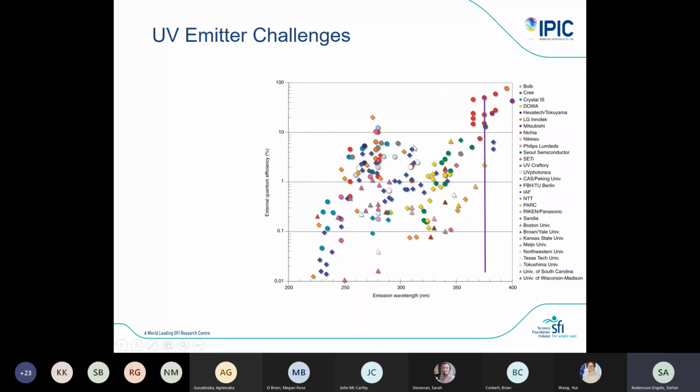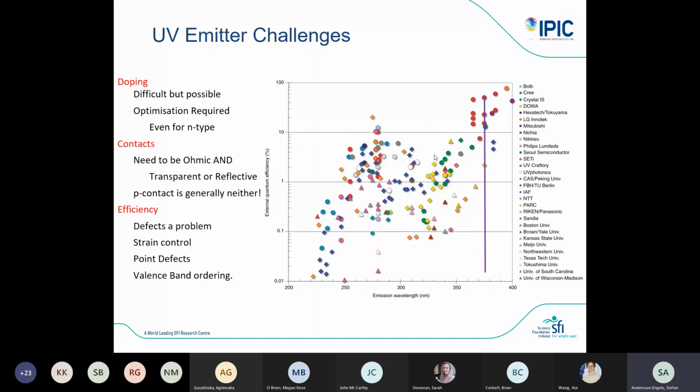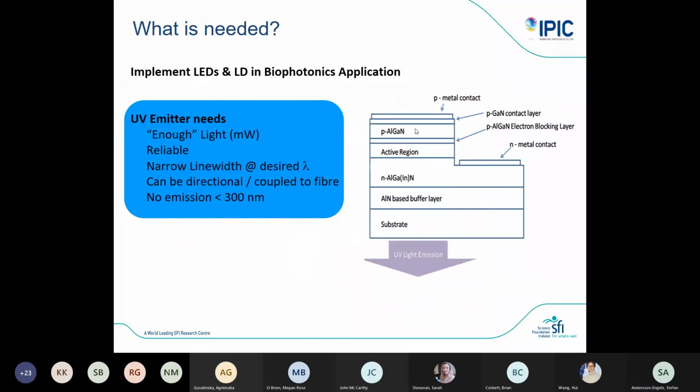You see this is a log scale, so the efficiency is quite bad in that region. And that is for a number of reasons. I won't go through them in detail now, but we will just make sure to see that here is a gap, and if we really need better light sources in that wavelength range.